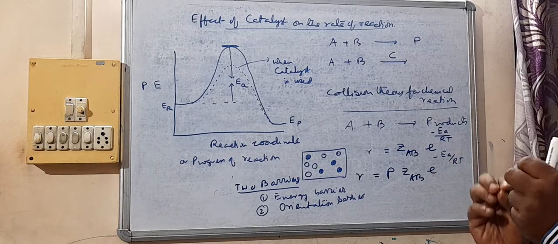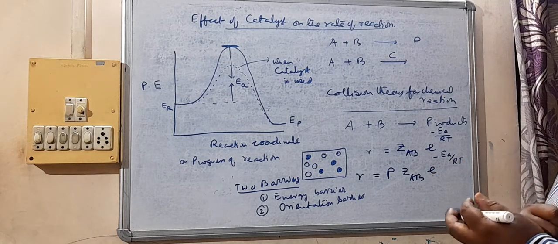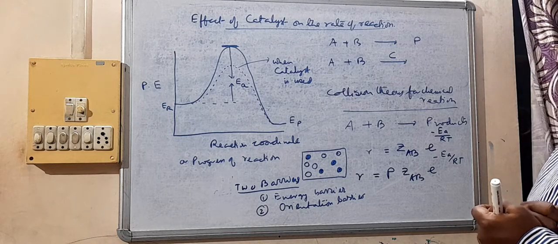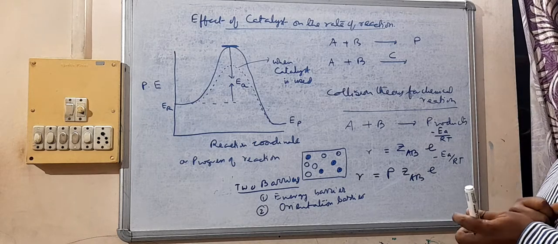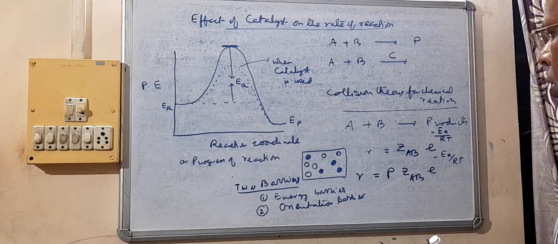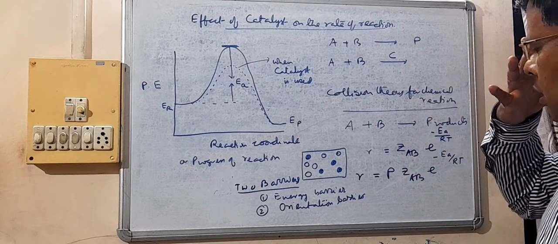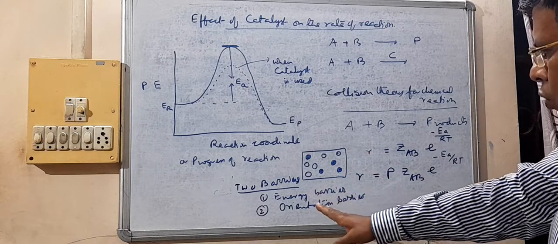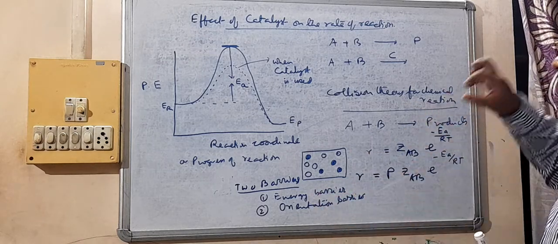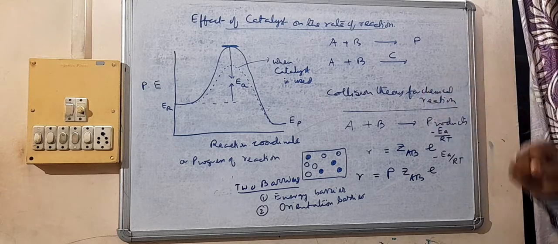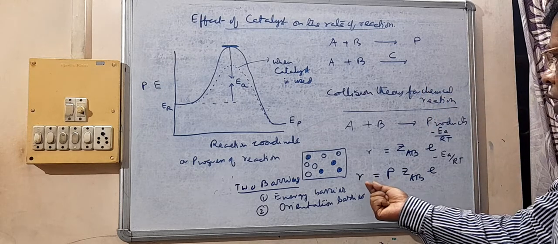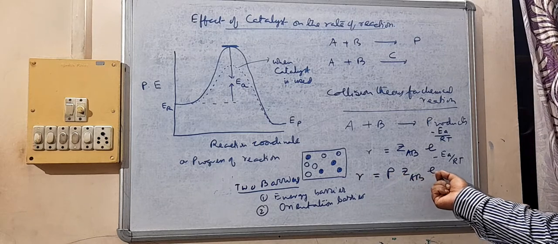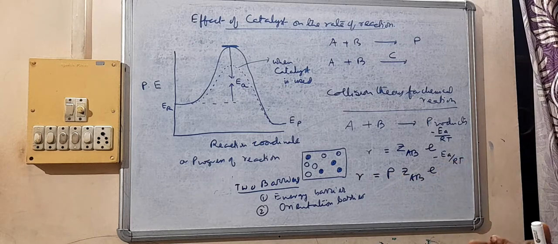From the back side, the attack takes place, then only reaction takes place. That is orientation. So keeping these two barriers into consideration, energy barrier and orientation barrier, collision theory gives us this expression for rate of reaction. R is equal to P ZAB e to the power minus EA by RT.